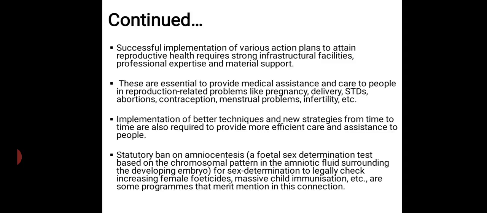These are essential to provide medical assistance and care to people in reproduction related problems, like complications related to pregnancies or delivery, STDs and abortions, contraception, menstrual problems and infertility, etc. These days, students, infertility is really a big problem in our Indian society, or overall as well, because of the sedentary lifestyle we are leading.